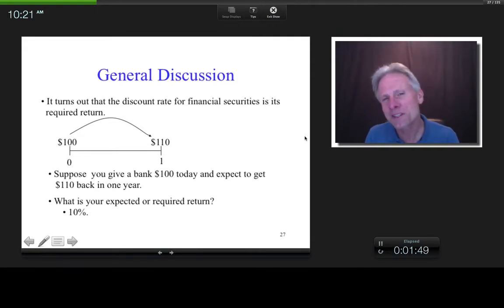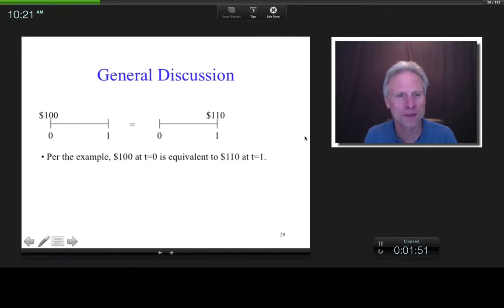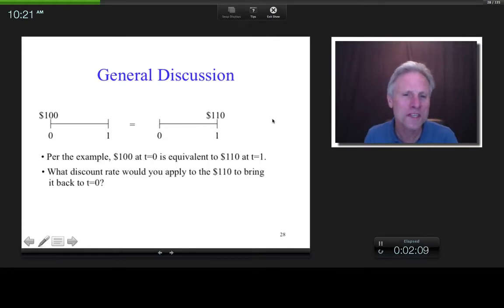Well, let's look at this a slightly different way. Is it true that the $100 at time 0 is equivalent to 110 at time 1 given that 10%? That's true, right? So if I were going to bring this 110 back to time 0, then what discount rate would I apply? Well, I'd apply 10%.